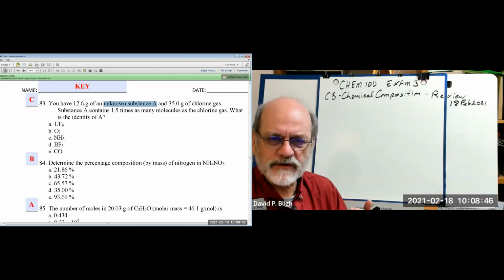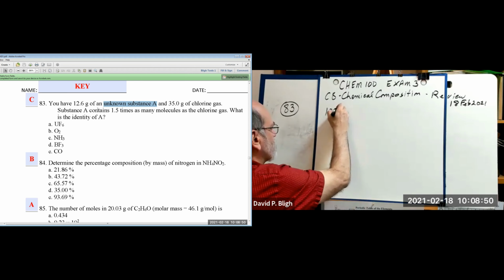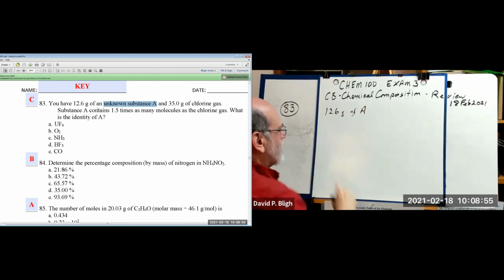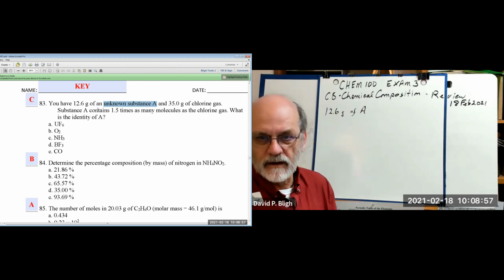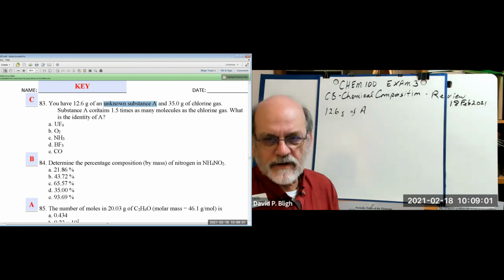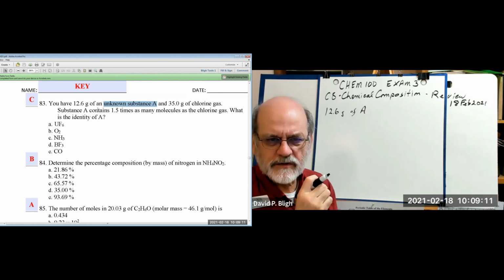Well, we have 12.6 grams of A and 35 grams of chlorine gas. 35 grams, 12.6 grams of unknown substance A.